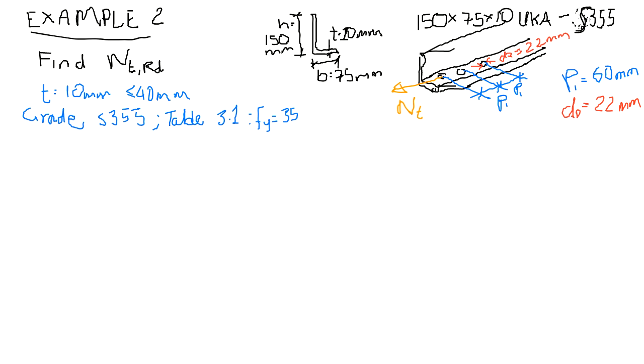So it's stronger steel than the last example. The last example was S275, this is S355. So it's 355 newtons per millimeter squared. And the ultimate strength in that table is equal to 510.